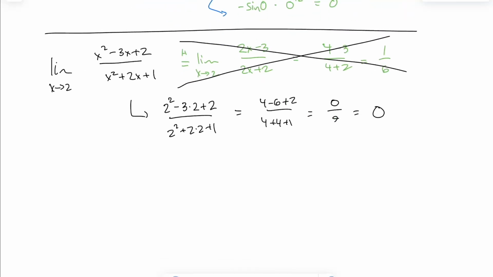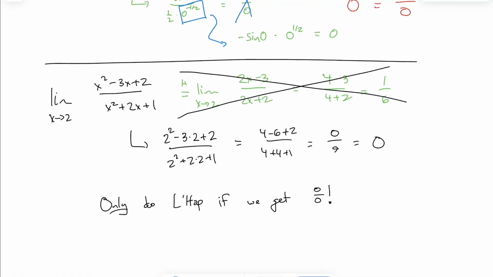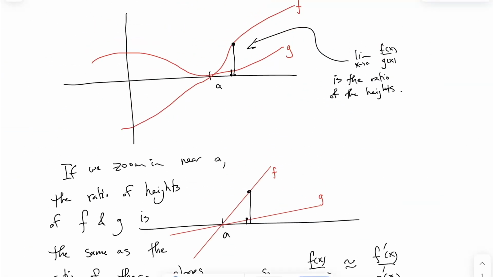So the moral here is only do the L'Hopital's rule if we get 0 over 0, right? Otherwise, it will actually give you wrong answers. Don't even try it. How can it give you wrong answers? Well, remember this picture I drew at the beginning with the various slopes.